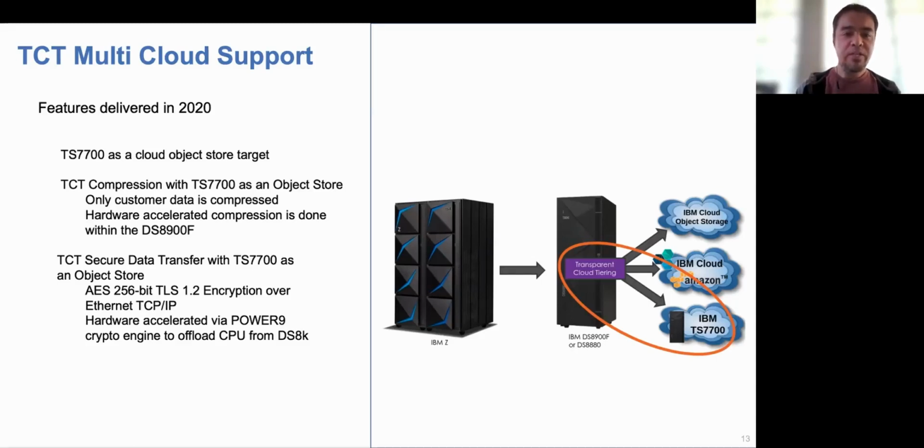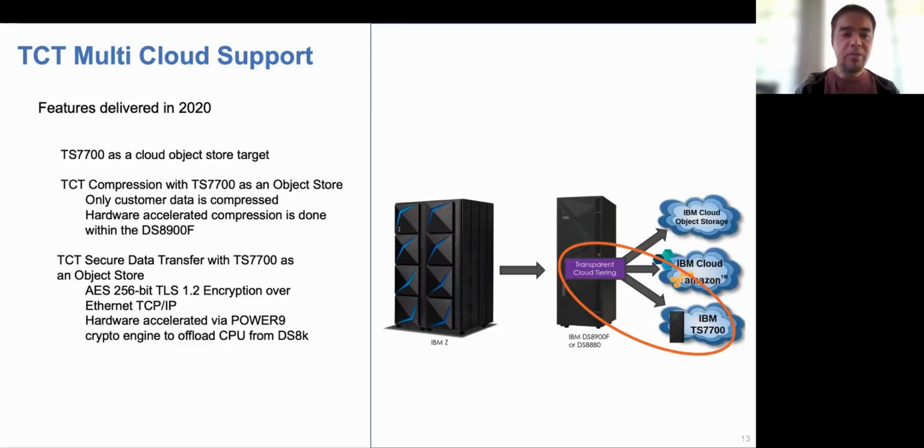The compression is performed by a hardware accelerator that is present in the Power CPU of the DS8000, so we don't take CPU cycles from the main CPU. It's compressed right before it's sent over the network. That also implies that the amount of bandwidth consumed by these transmissions of data is less than if it was not compressed.